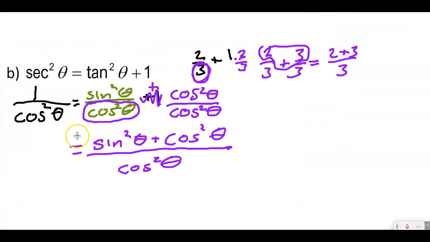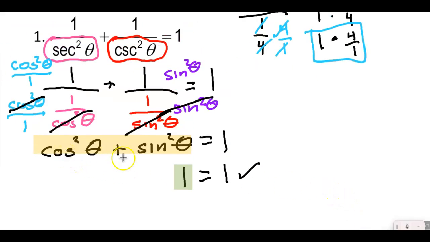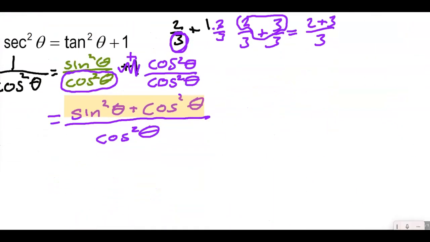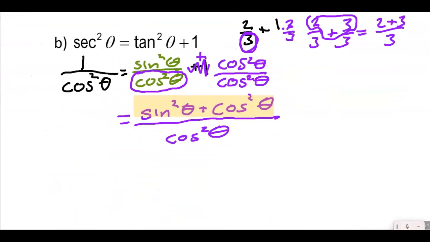What do you know? Well, this time it's sine squared plus cosine squared, but isn't that the same thing? Is it okay? Yeah, 2 plus 3 is the same as 3 plus 2. So you'll notice that these are written in a different order, but it's still equal to 1. So now I can substitute out the entire numerator and say that entire thing equals 1 on top.